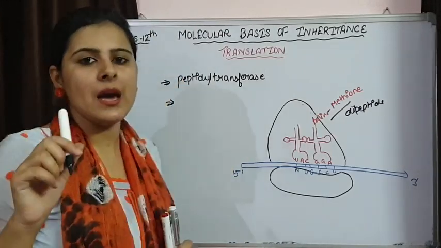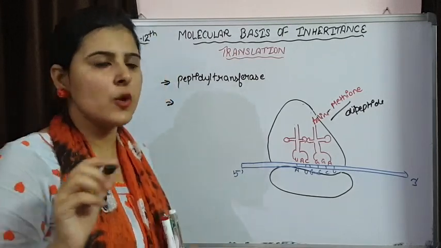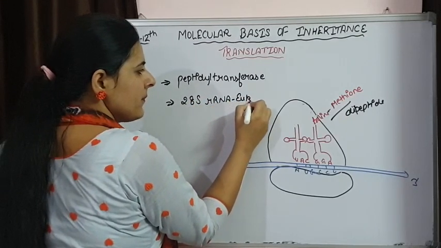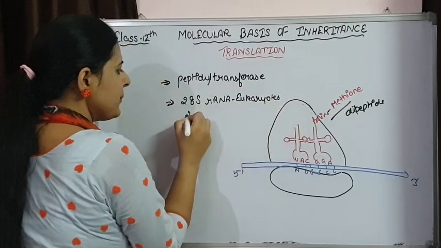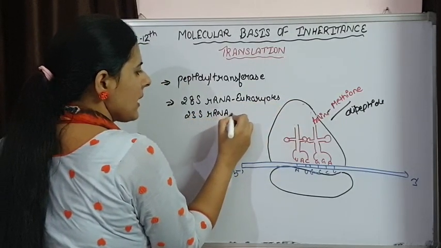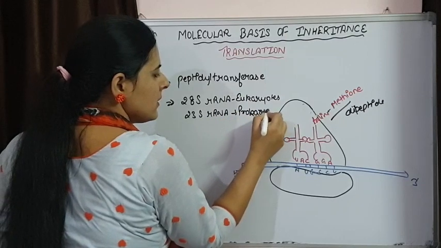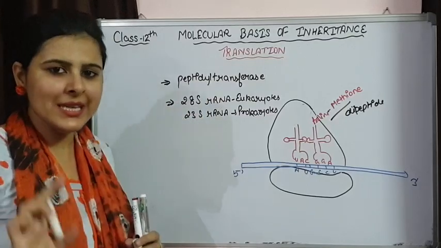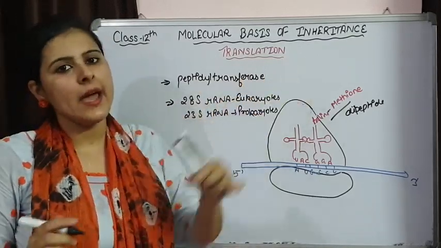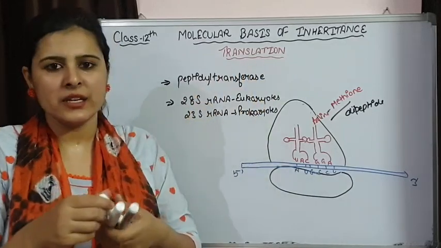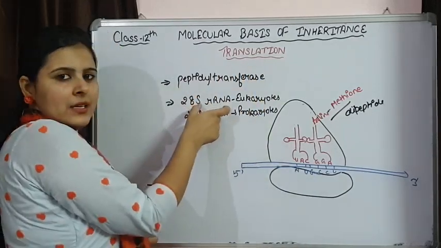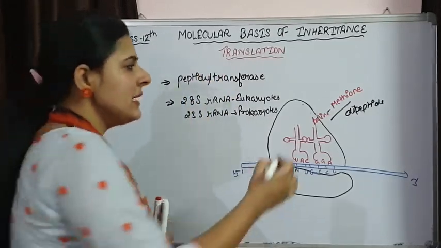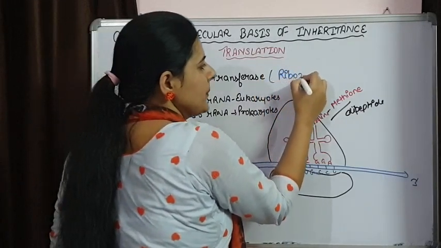When we talked about the rRNAs that are present in larger and smaller subunits, in eukaryotes 28S rRNA is there in the larger subunit, and in prokaryotes it's 23S rRNA. So it is the rRNA, whether it is 28S or 23S, that is behaving as an enzyme and catalyzing a reaction. Because it is an RNA involved in catalyzing a reaction, meaning it is behaving as an enzyme, that's why it is known as ribozyme.